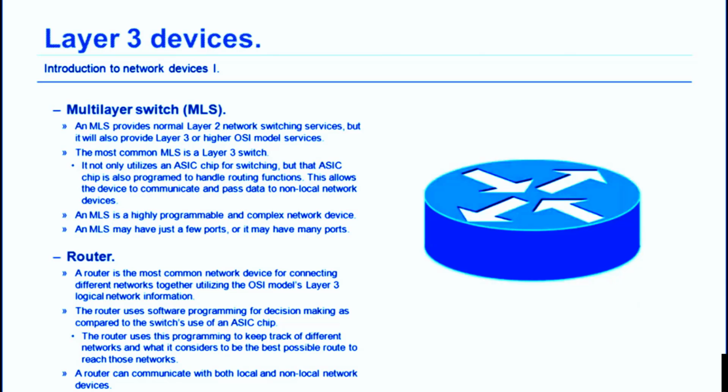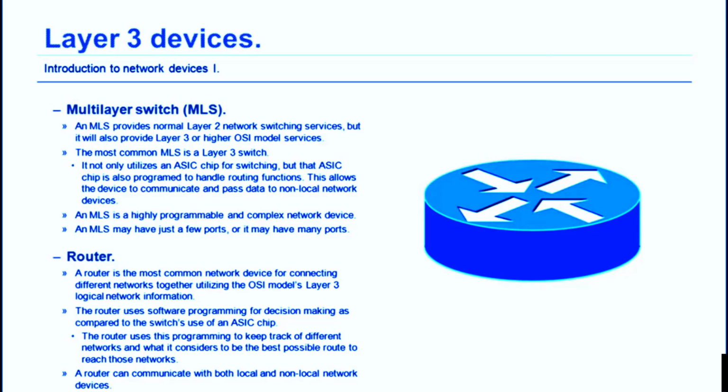Now let's move on to the router. A router is the most common network device for connecting different networks together utilizing the OSI model's layer 3 logical network information. That's what makes a router a layer 3 device. The router uses software programming for decision making as compared to the switch's use of an ASIC chip.